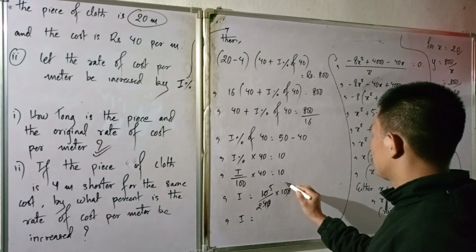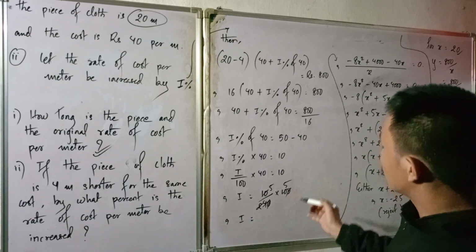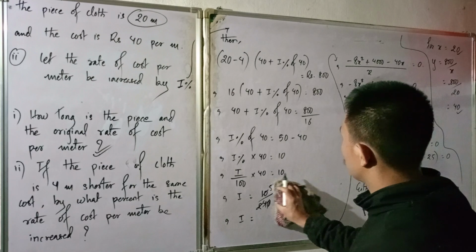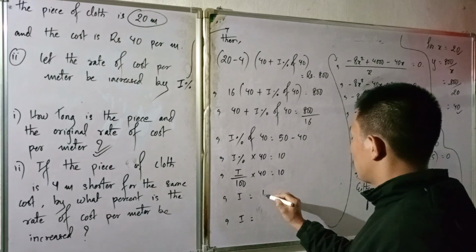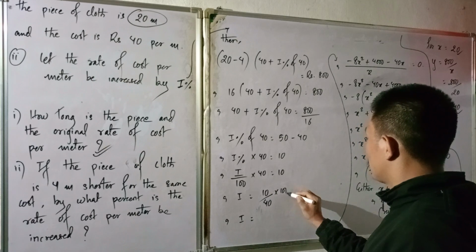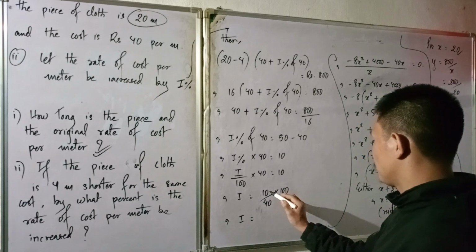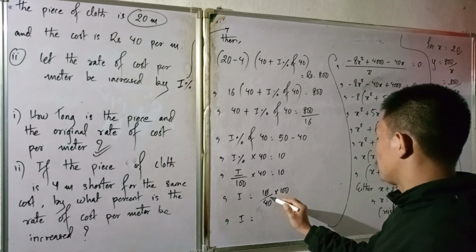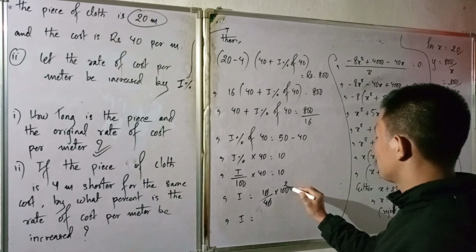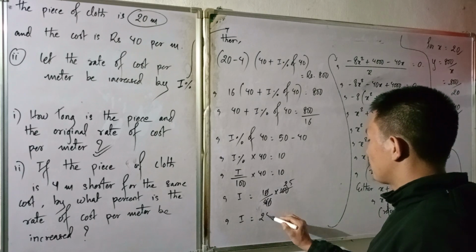Okay, now you can directly write 25. 10 by 40 into 100, the zeros cut, 4 into 25 times 100. Okay, we can write 25.